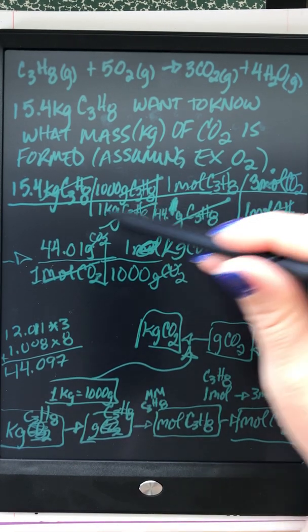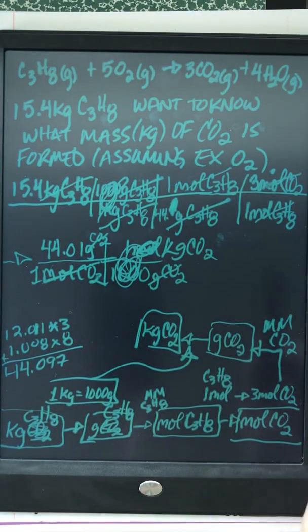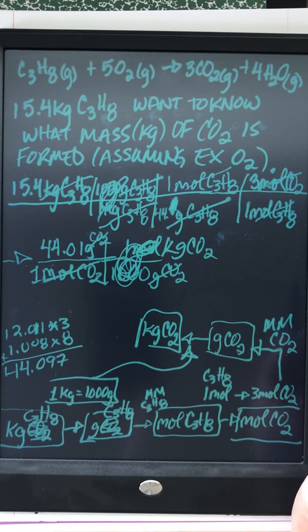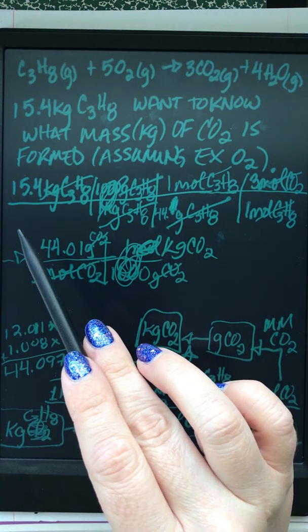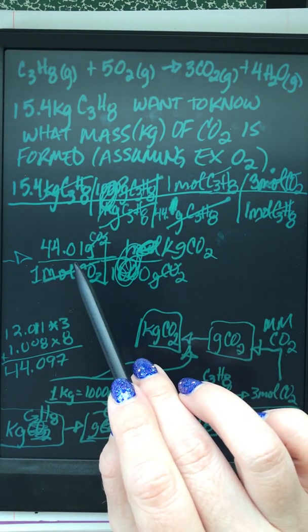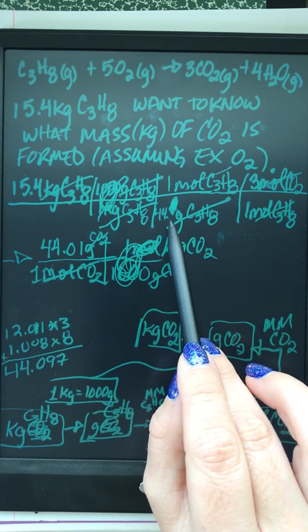Yeah. So goodbye. Now I have 15.4 times 3 times 44.01, and all of that being divided by 44.1.